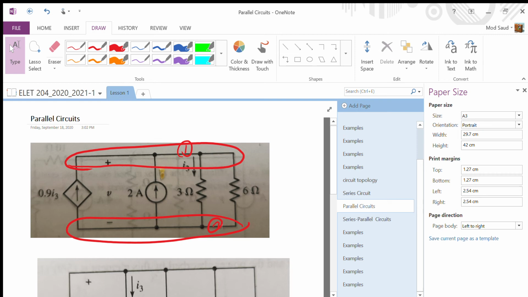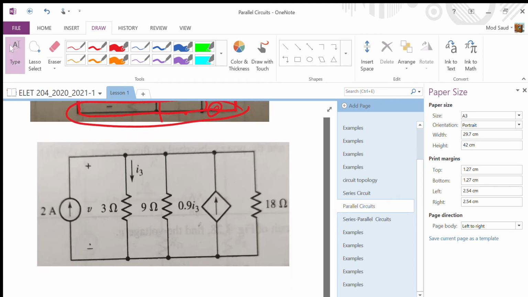All the elements are connected across node 1 and node 2. If you look at this current source, the other current source, 3 ohm resistor and 6 ohm resistor, all of them are connected into one terminal of these elements, and the other terminal connected into the same place. All of them connected into node number 2.